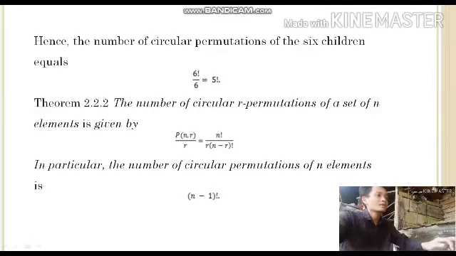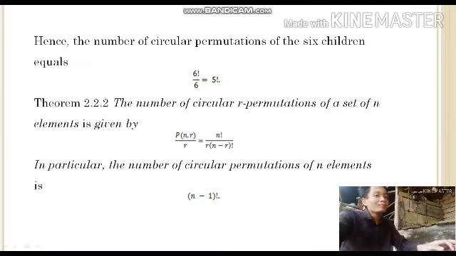Hence, the number of circular permutations of the six numbers equals 6 factorial over 6, which equals 5 factorial.